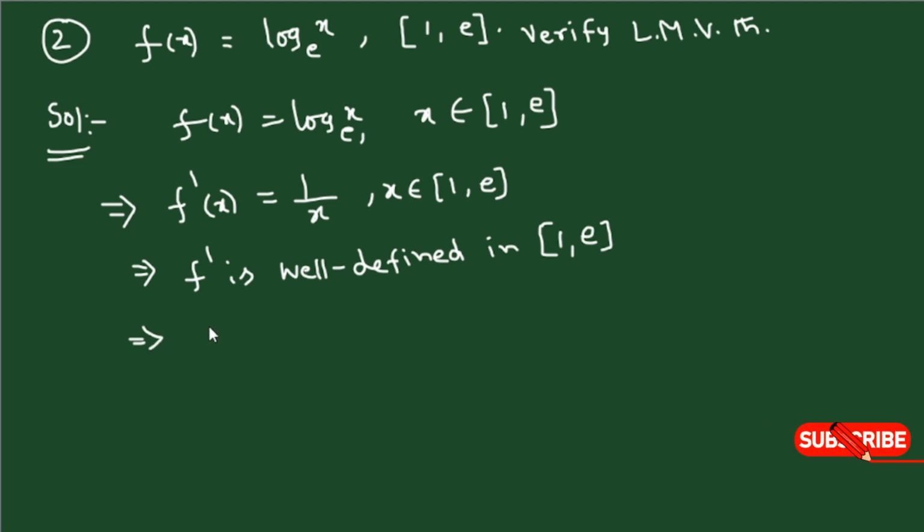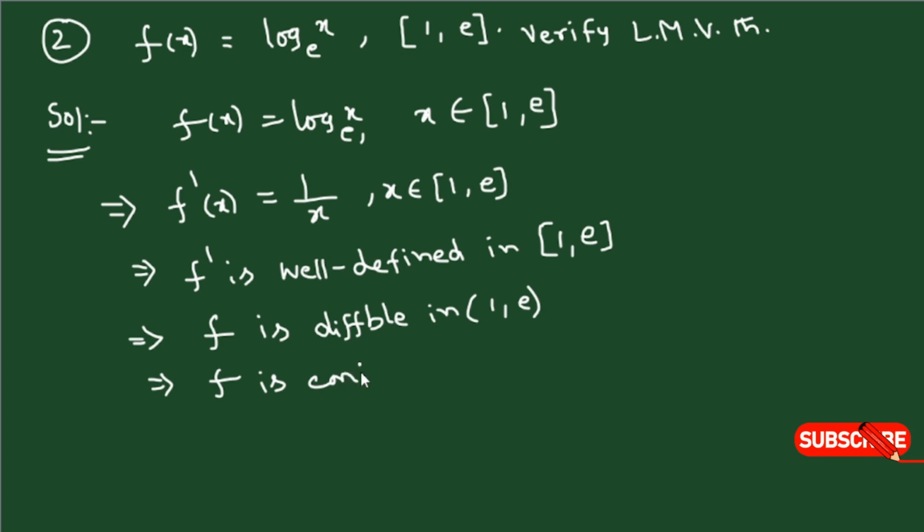So differentiability implies continuity. f dash well defined means what? f is differentiable in the open interval (1, e). Differentiability implies continuity. Therefore, f is continuous in the closed interval [1, e] also, because here also you can take the closed interval.